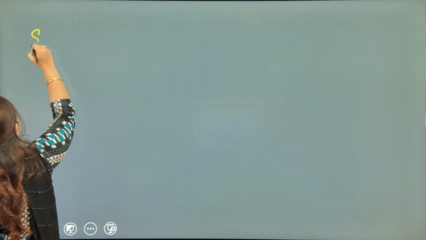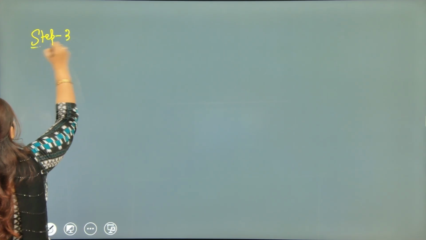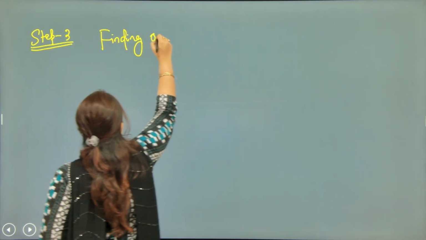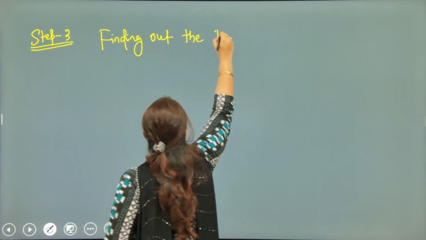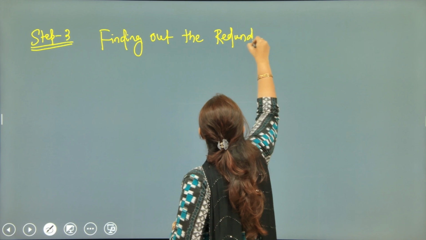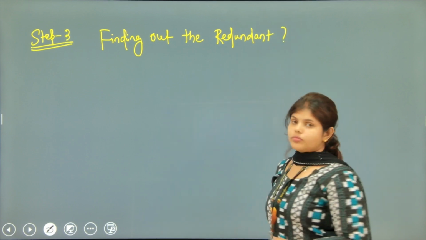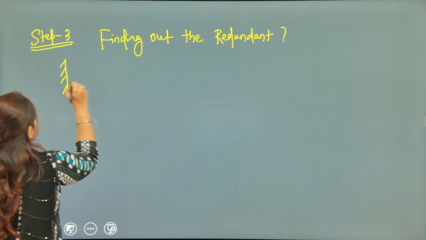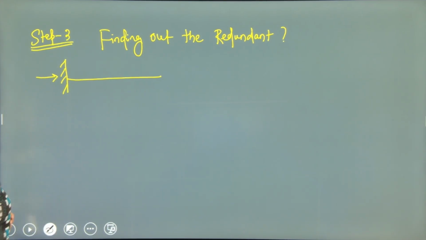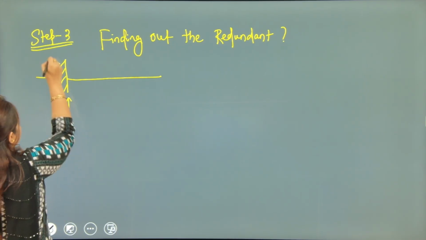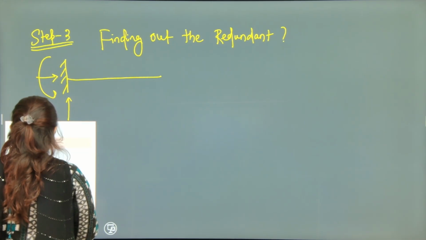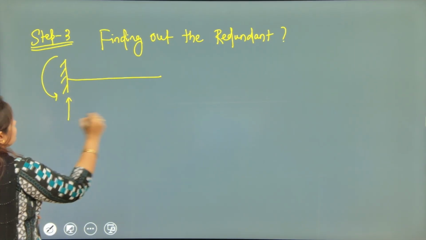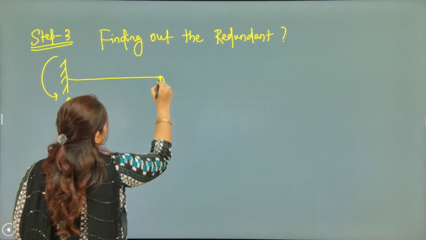Next, we will go for step 2. In step 2, we will find the redundant. Let's draw the structure. Always the redundant must be a reaction, and here you have one reaction.